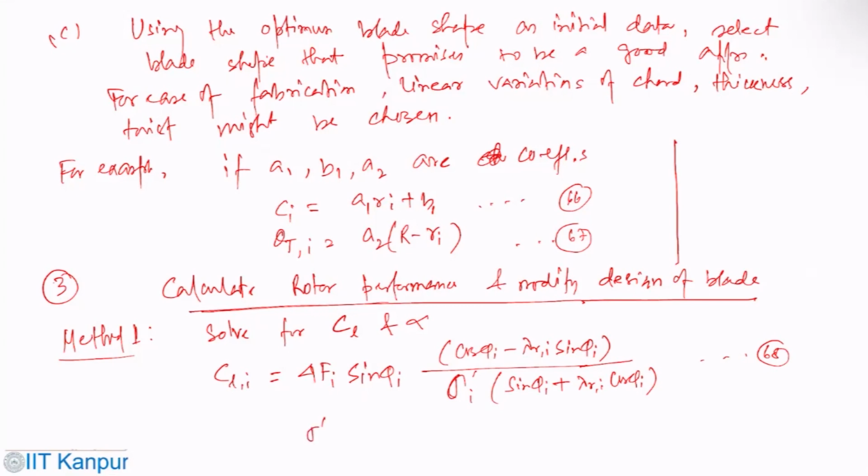So here sigma prime I is B CI by 2 pi Ri. And we have phi equals alpha plus pitch plus P0, which includes the initial pitch angle, twist angle and all this.